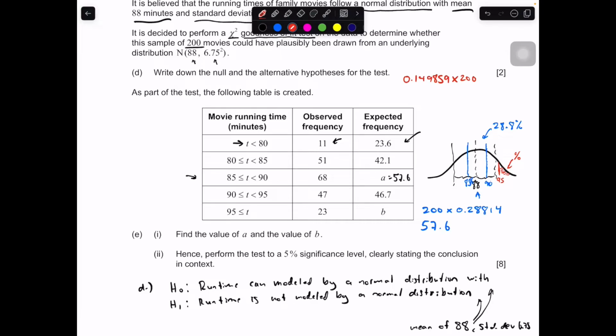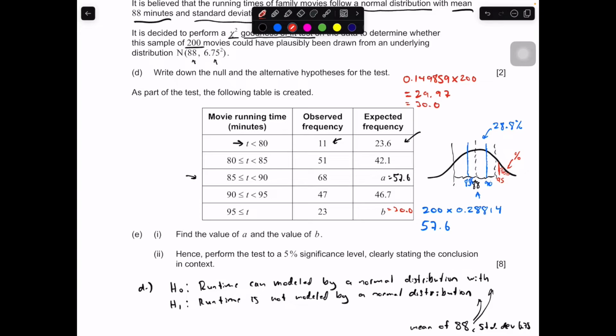It's only at the end that we round to 3 sig figs. 0.149859 times 200, and we have 29.97, which we can round to 30. So B is equal to 30 movies. Okay, that looks good.